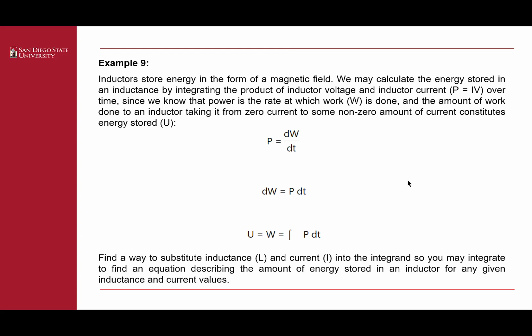And L is a constant number here, because the integral will be I di, because we only have di. L is only a multiplicative factor. It's not a variable. It does not change over time. So we can take it outside the integral.